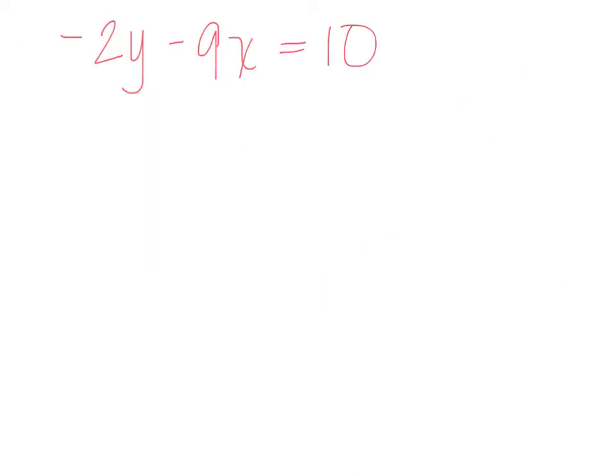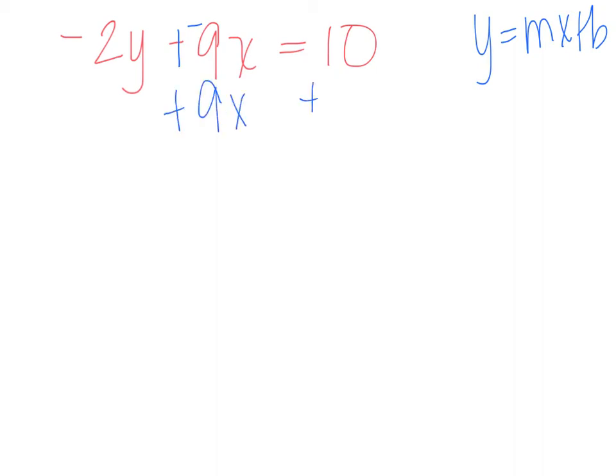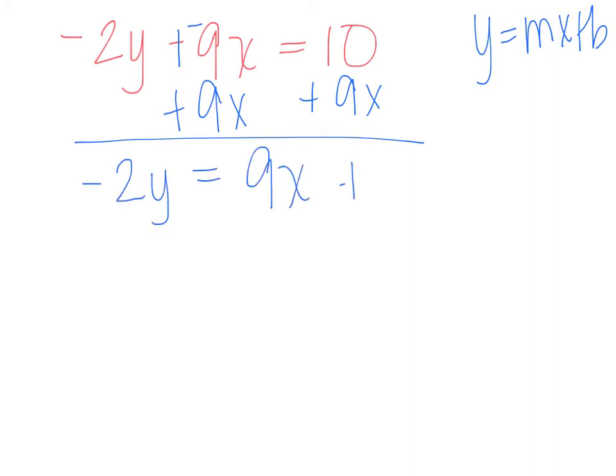Let's try another one. Let's do negative 2y minus 9x equals 10. So again, we needed to make this say y equals mx plus b. So we got to get that y alone. And I'm going to start off by doing SAO. So I have negative 2y plus negative 9x equals 10. So I'm going to start off by adding a 9x to both sides, so that I have negative 2y equals 9x plus 10.